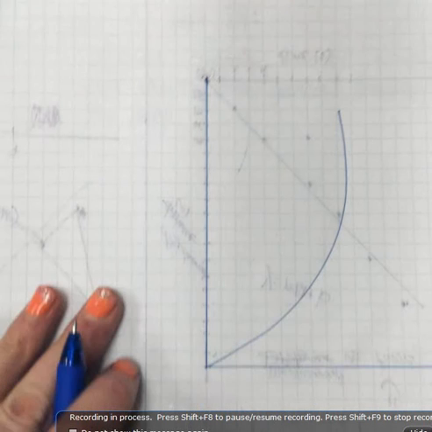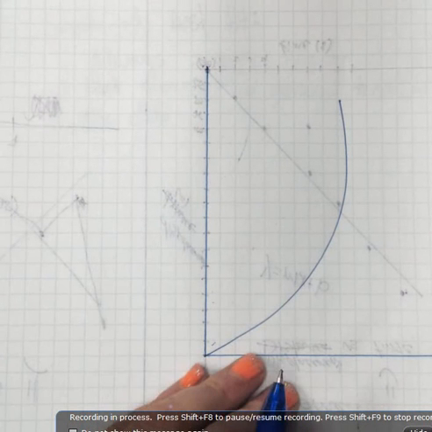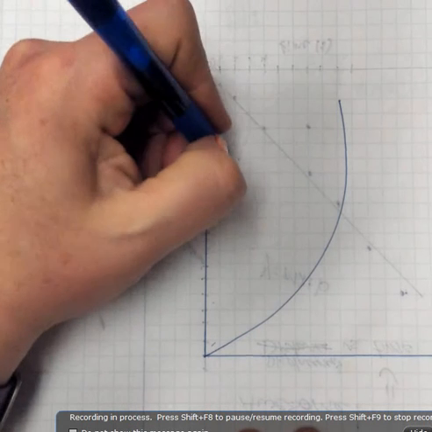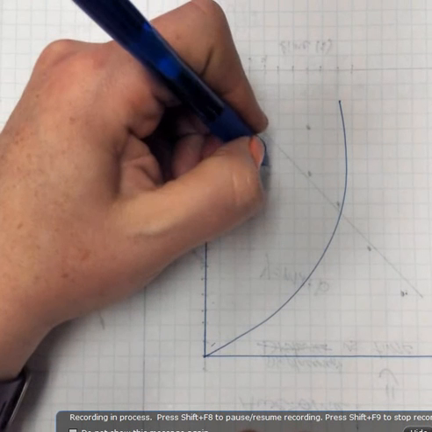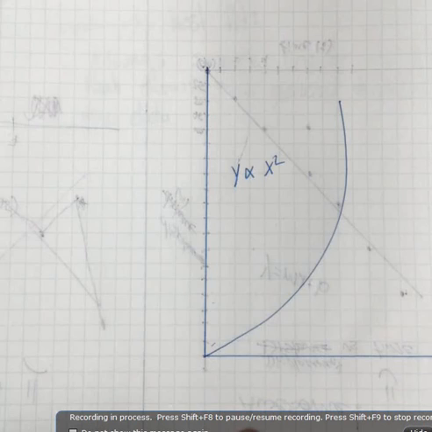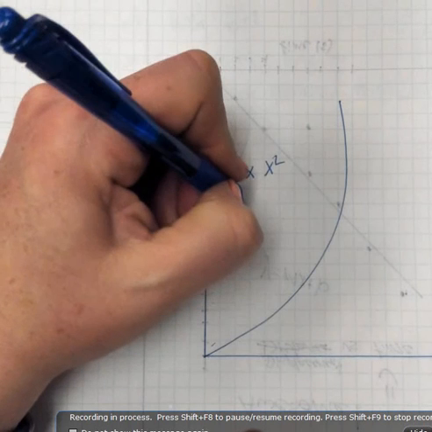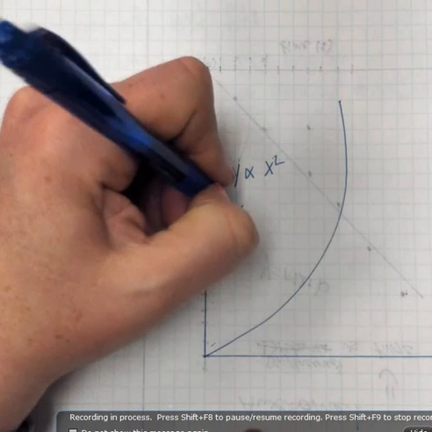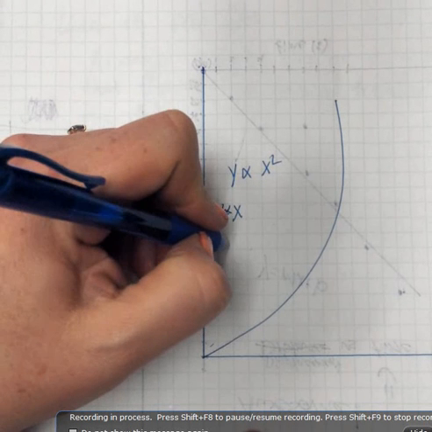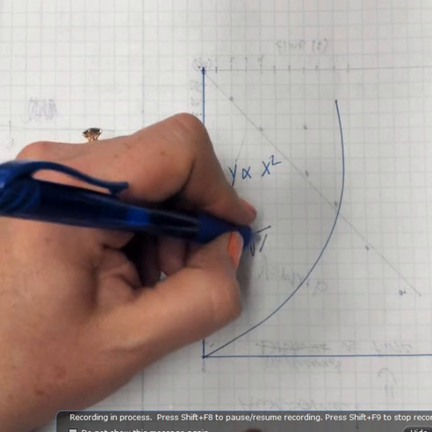Then we have to decide what's the relationship between our x and our y variable. Well, depending on what type of curve, we can have a relationship between y and x squared, or we could have a relationship between y squared and x, or we could have a relationship between y and a root of x.